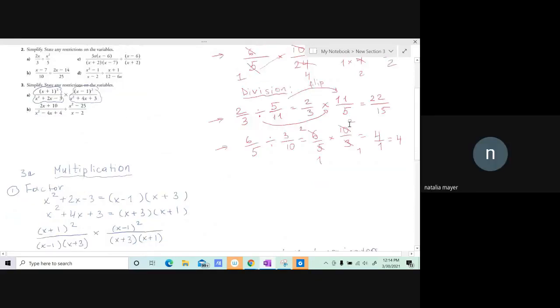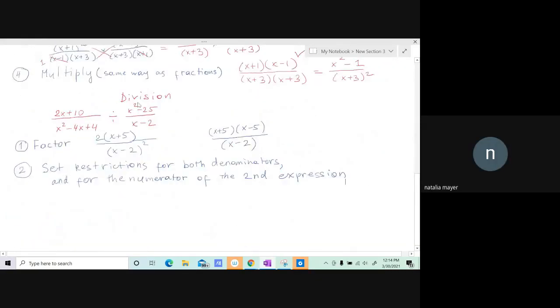We flipped it. So when you flip this expression, what will happen to the numerator? It will become the denominator. Okay, that is why in the division of two rational expressions you need to set restrictions not only for both denominators, but also for the numerator of the second expression.